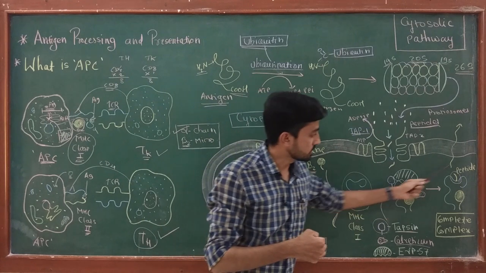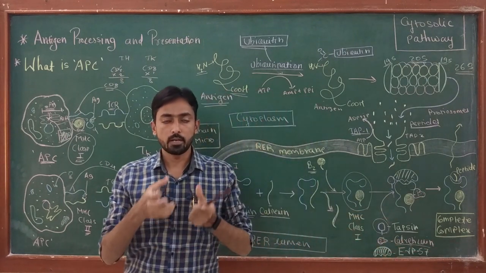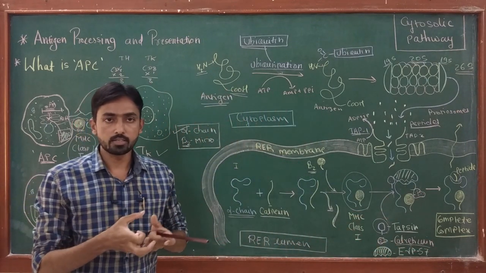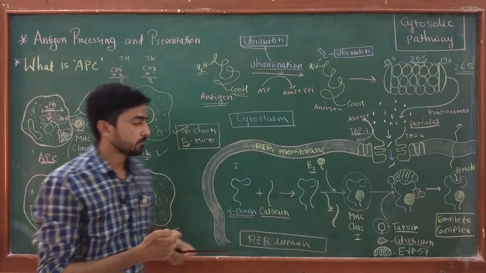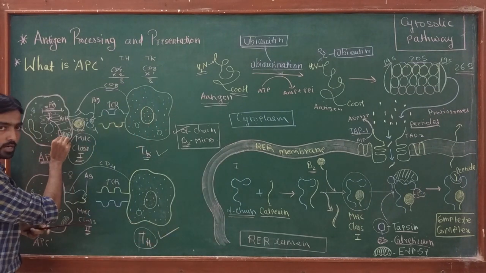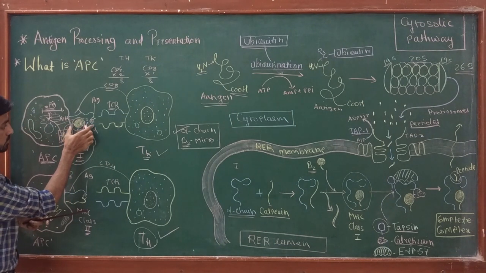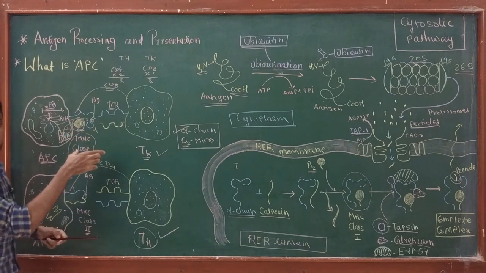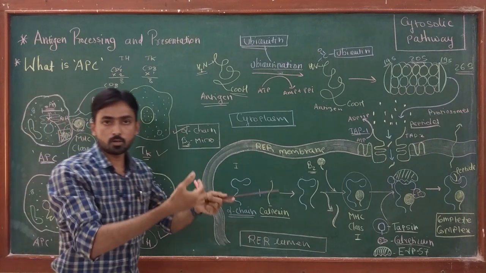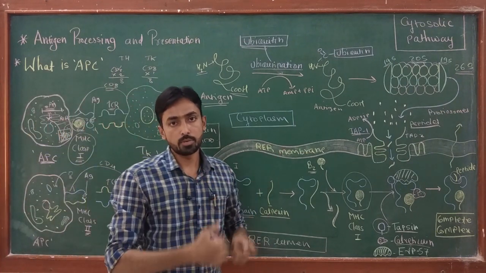So this structure is properly folded and packed in Golgi vesicles, and now the vesicle transports the MHC class 1 antigen complex to the cell surface. And once this complex is transported to the cell surface, it gets attached on the cell membrane and gets stabilized.